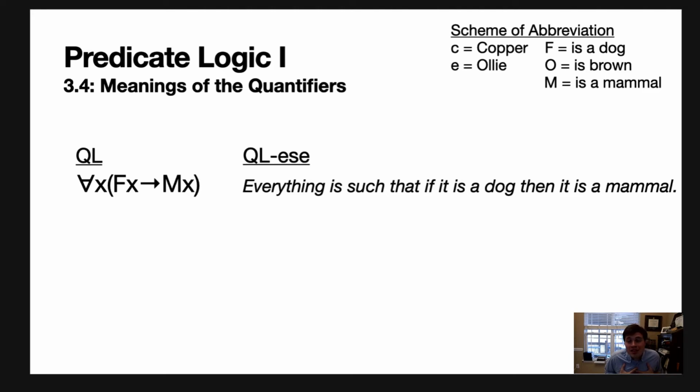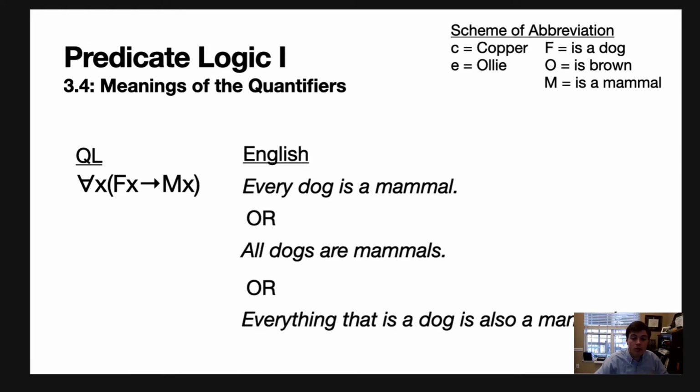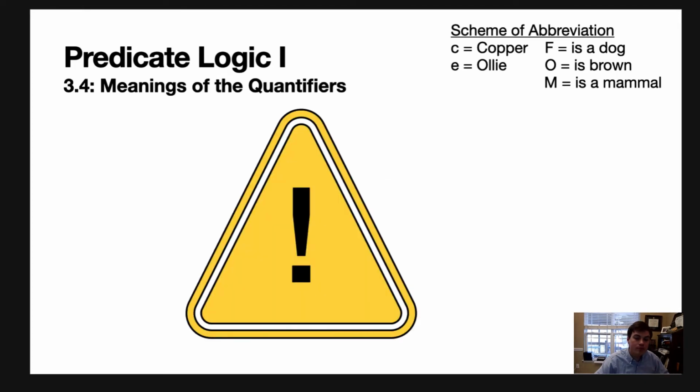So it's even true of me that if I'm a dog, then I'm a mammal. It's true of this thing: if it's a dog, then it's a mammal. It's not a dog, but that's okay. For all of the things, my dogs are sleeping over there. It's true of them that if they're dogs, then they're mammals. Since they are dogs, they also are mammals. So the way we capture this is that everything that is a dog is a mammal, or all dogs are mammals, in English.